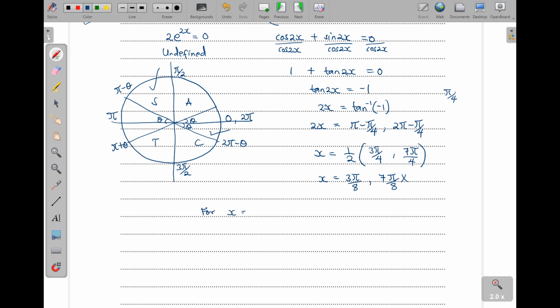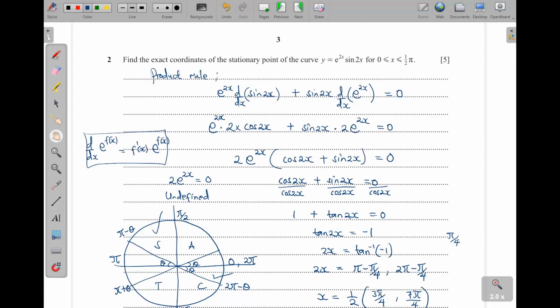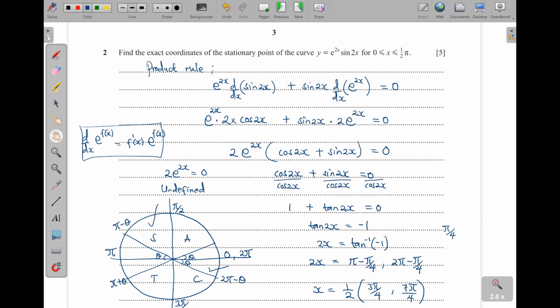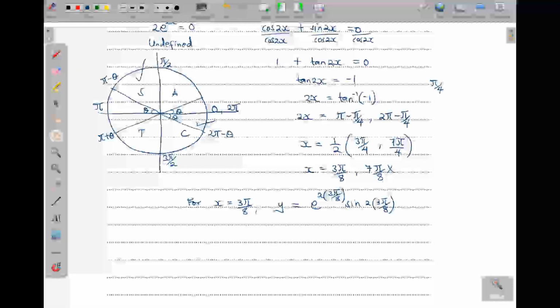So for x equal to 3 pi over 8, what will be y? So y here was given as e power 2x sine 2x. They told us to give the exact coordinates, so we have to leave it exact.